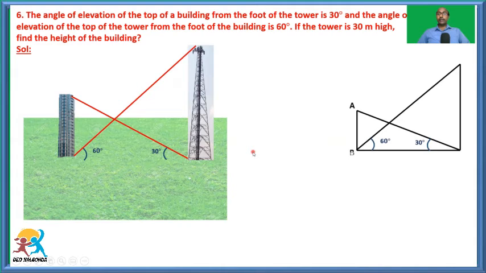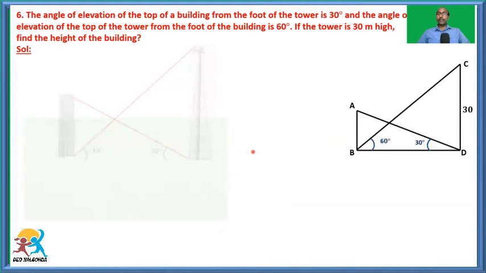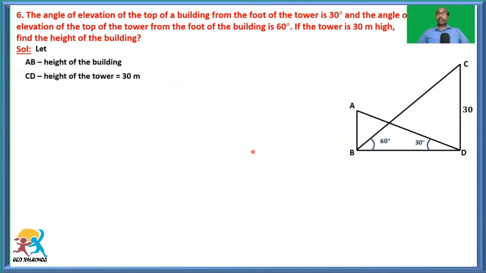So A, B, C, D, and the height of the tower is 30. Now write that AB is the height of the building, BC, CD is the height of the tower, which is equal to 30 meters, and given angle ADB is equal to 30 degrees, angle CBD is equal to 60 degrees.